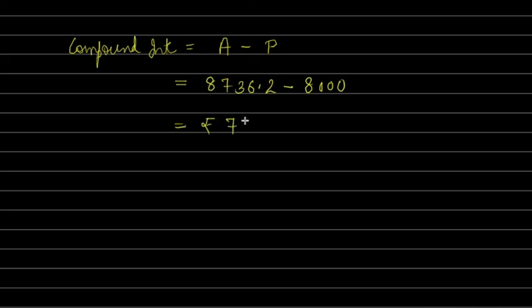How much will it be? 736.2. So this is the compound interest coming out in this question. Let's write the final answer. Hence, amount we have calculated as rupees 8736.2 and compound interest is coming out rupees 736.2. So this was D part of question number 1.